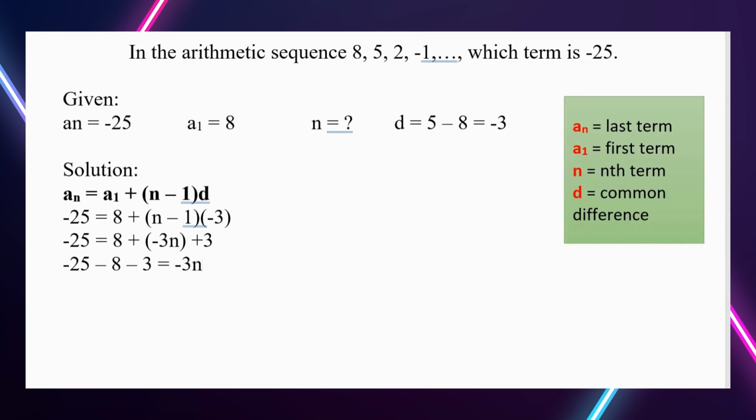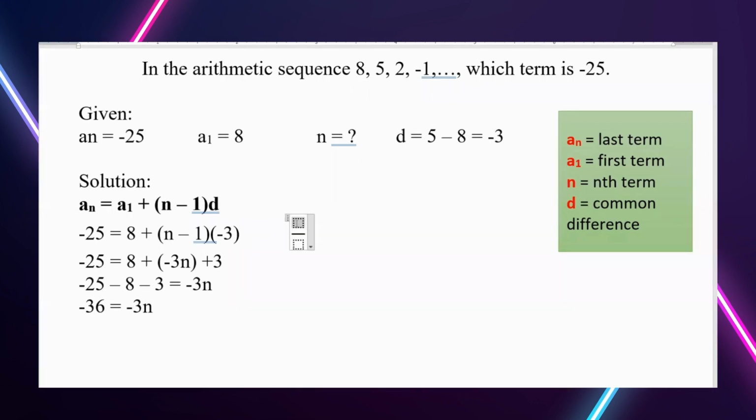So bakit naging minus 8 at minus 3? Because we transpose from the right side of the equal sign to the left side of the equal sign, kaya nagbago yung sign natin. So negative 25 minus 8 minus 3 is equal to negative 36, which is equal to negative 3n. To remove the numerical coefficient of the variable n, we have to divide both sides by negative 3.